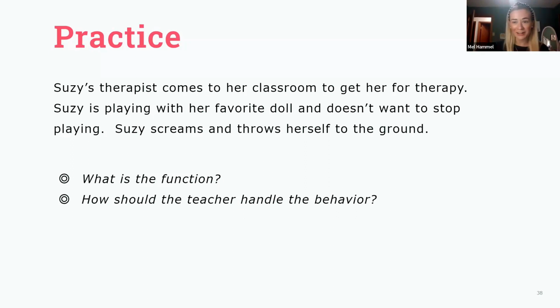In 1 minute, your therapist is going to be here. And then counting down and saying, hey, she's here. Great job. And then offering a choice. So, hey, do you want to put your dolls on the shelf, or do you want to leave them out for after therapy? Giving that choice again, so she knows they're going to be here when I come back.